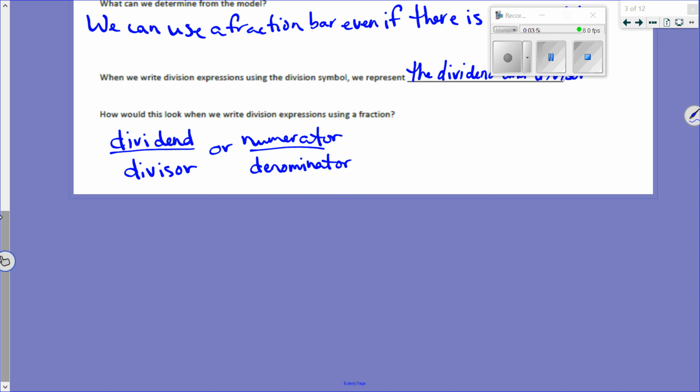Question? We're actually going to be doing that quite a bit today. And I'll be honest, for me, it's actually easier using the division bar as parentheses than using the division symbol. That's why we're doing both, to get you guys used to using that fraction bar as a division symbol, because as we're doing more complex operations with multi-steps, the fraction bar makes it a lot easier to separate them out. Okay, go ahead and turn the page.